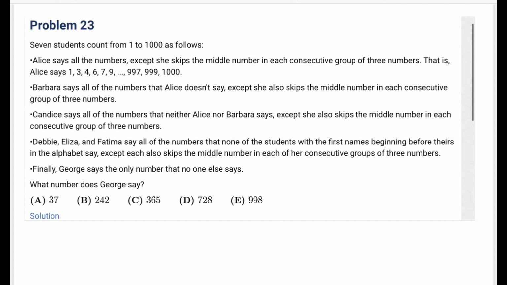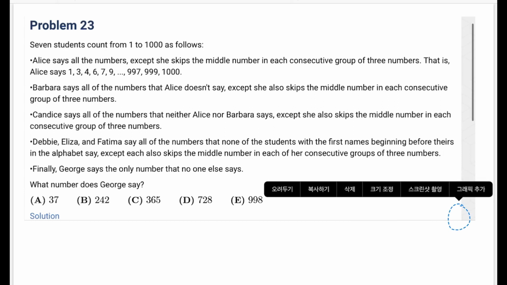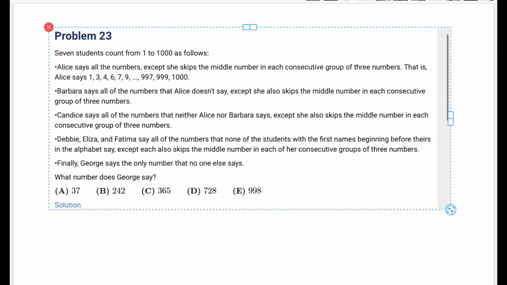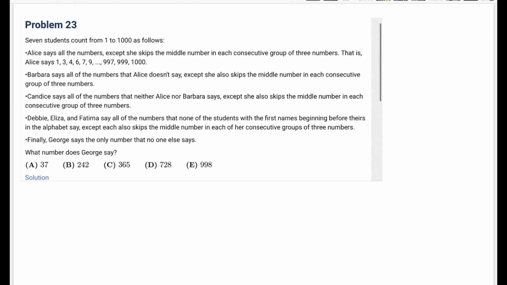Okay, so let's make this a bit smaller since it looks really big right now. So Alice would say 1, 3, 4, 6, 7, 9. And so let's focus on what Alice doesn't say, because that is what the next person is saying, right?